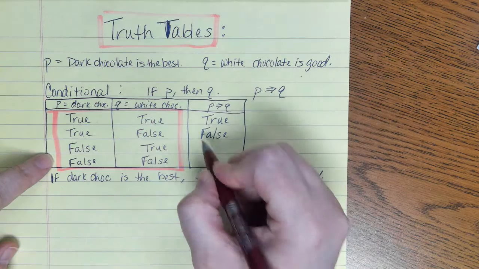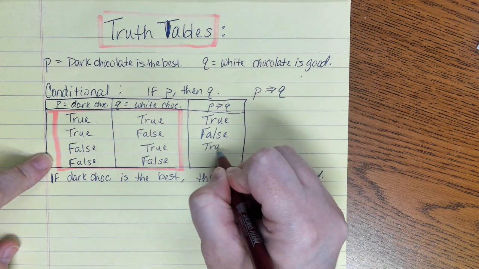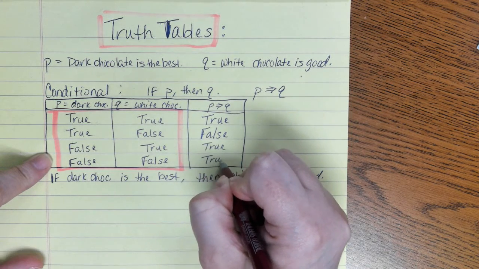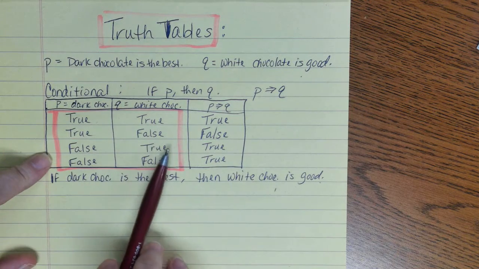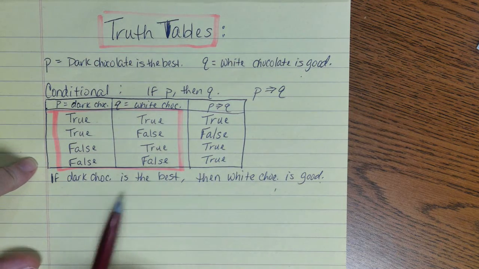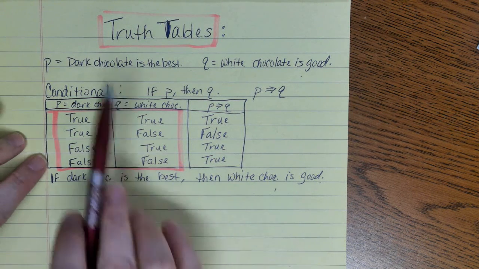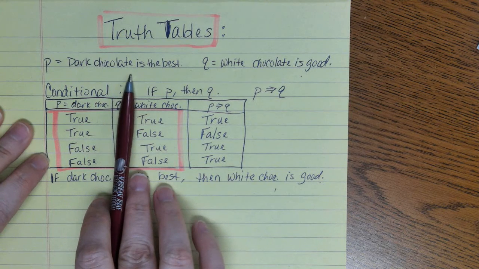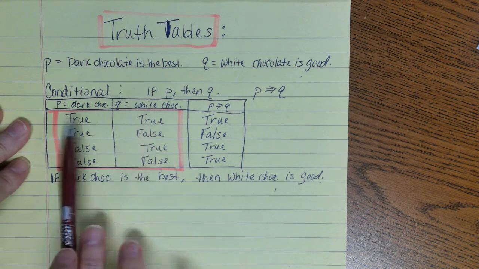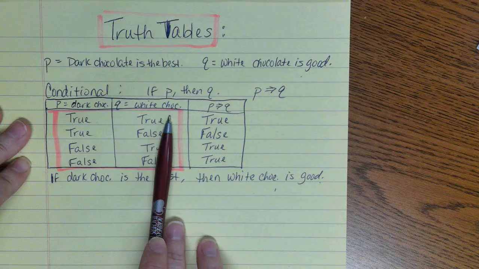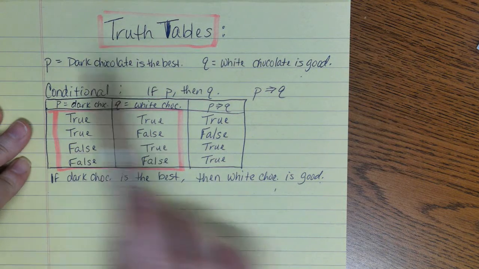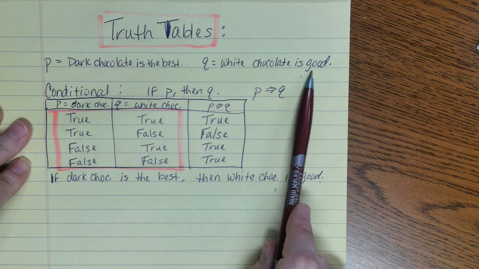These are a little bit of the trickier ones, because if the first part's not true, then you can't say I'm lying because that part didn't happen. That's the conditional. So whether we think dark chocolate is the best or not, that's our if. If it's not true that this is the best, then whether we like white chocolate or not doesn't matter.